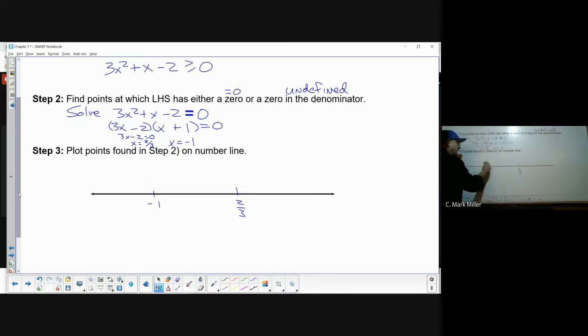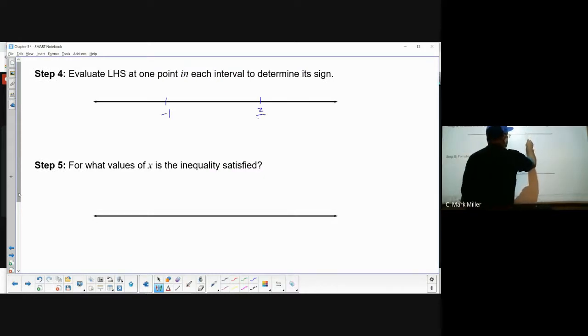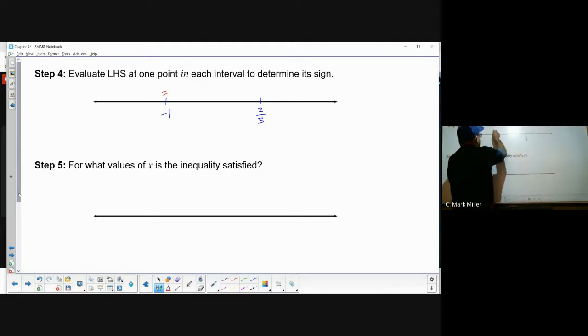These are points that make it equal to 0. They may or may not wind up in our solution set. Last time they did not wind up in our solution set. All right? So go here, and you're going to have minus 1, 2/3. These are places that equal 0.